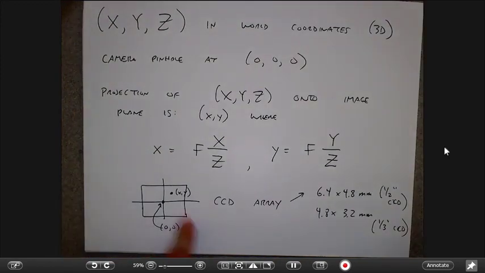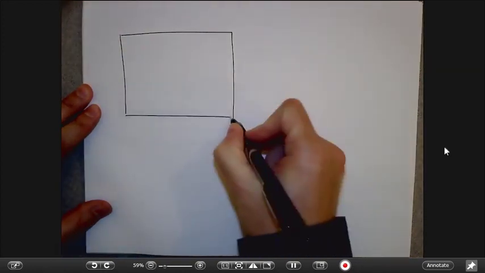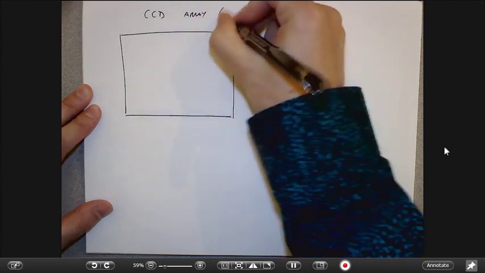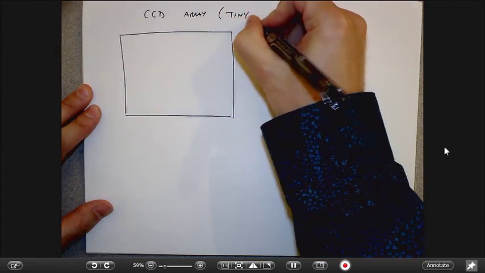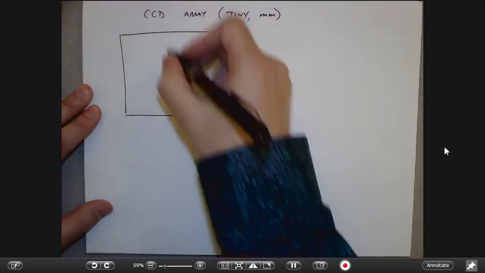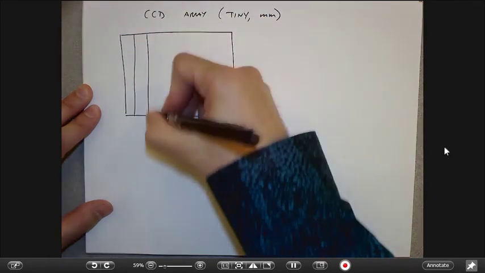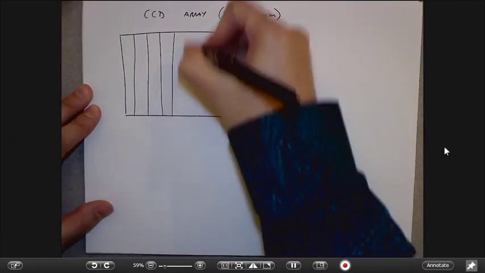So let me just get back to this before we all forget it. So basically the idea is that I have my CCD array, which is really fundamentally some tiny thing measured in units of millimeters. And then this array is split up, very crudely, into pixels, right?